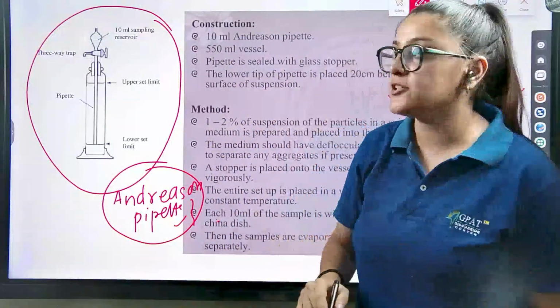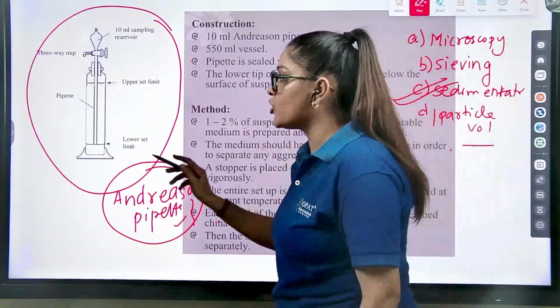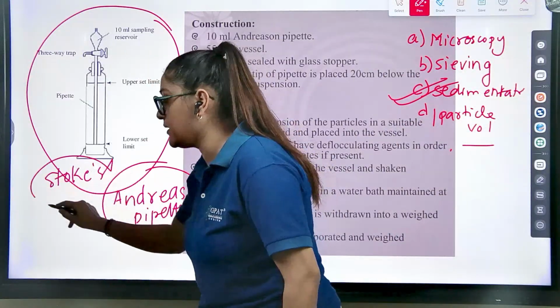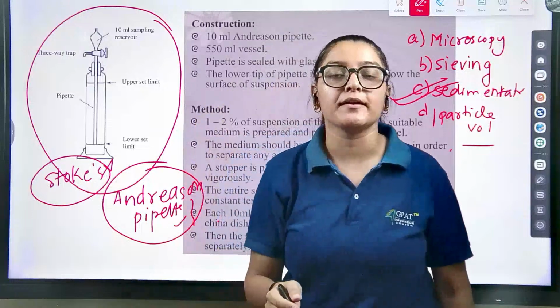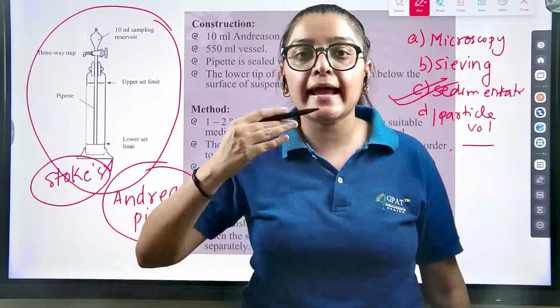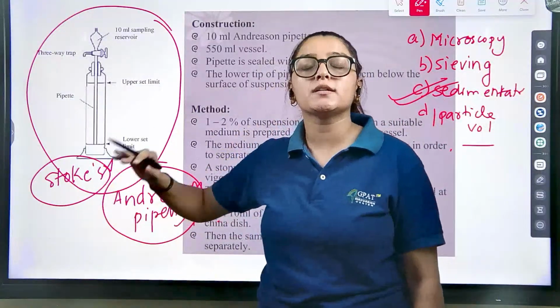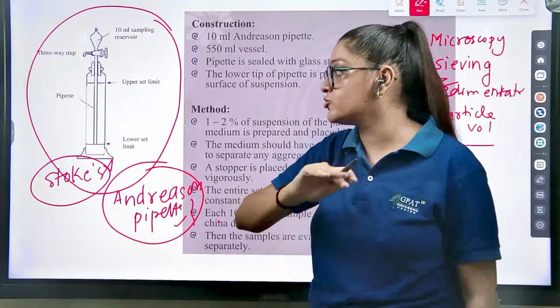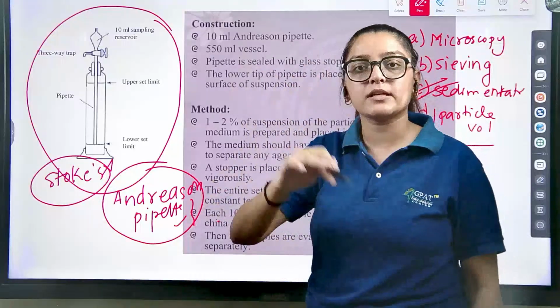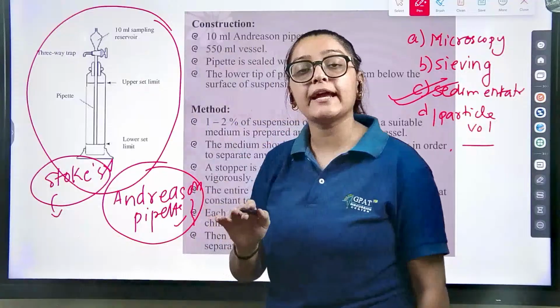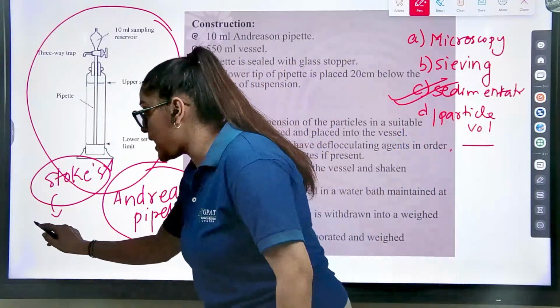In the sedimentation method, you have seen the Stokes law equation. You can see how many times I am repeating the same thing, because it is important. Once you reach the end, you will see what the pattern of the exam is. You will spot the same questions. At least note these now. Mark them with a star. So the Stokes law equation is based on the rate of settling of the particle.